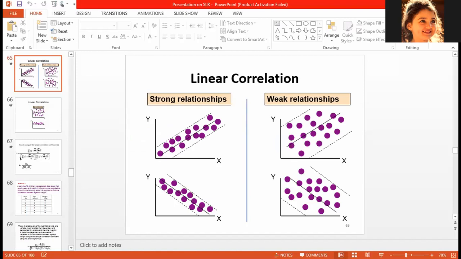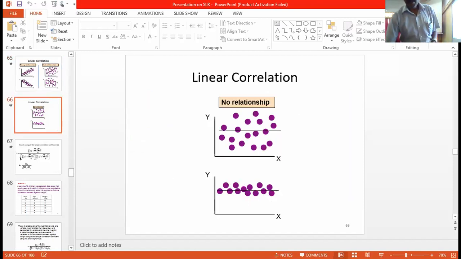We have seen some graphs of the correlation, showing the strength visually. On the right side we have a weak relationship, whereas on the left side we have a very high, strong correlation.